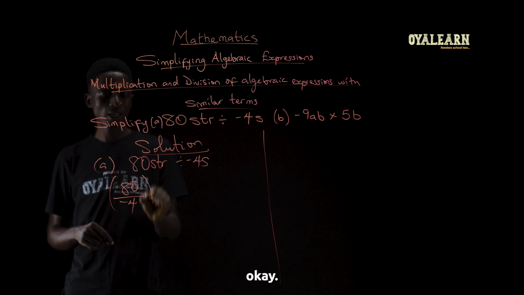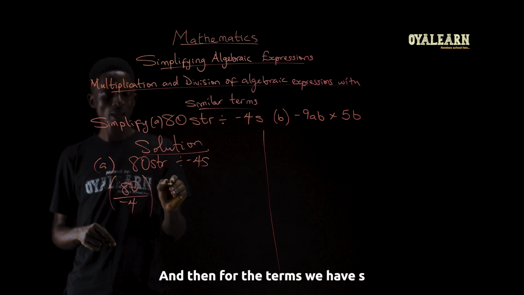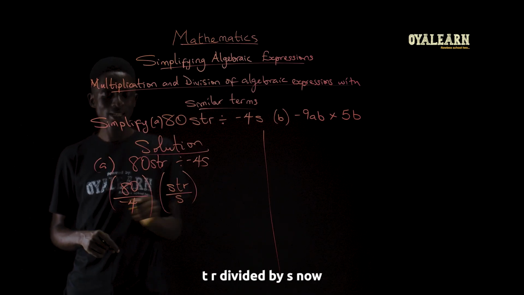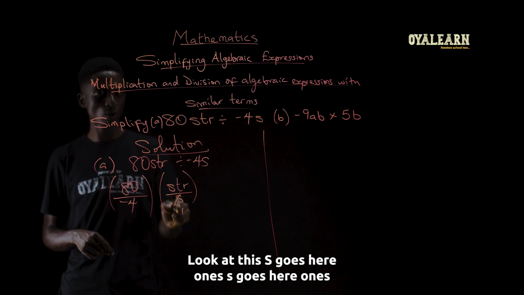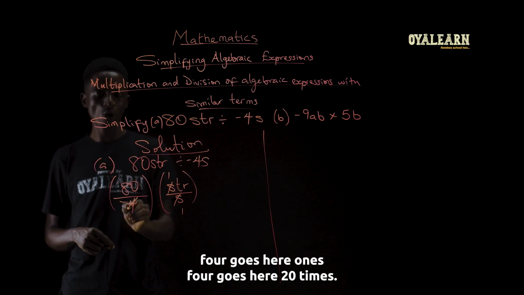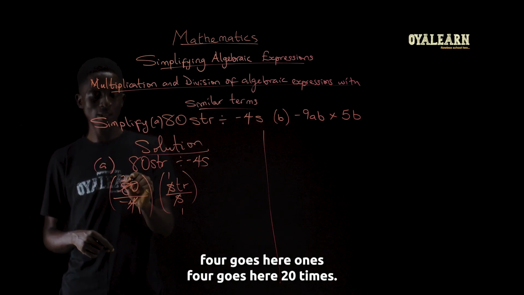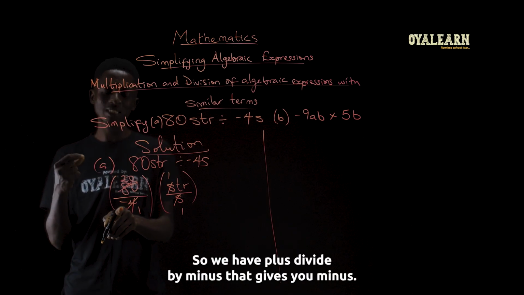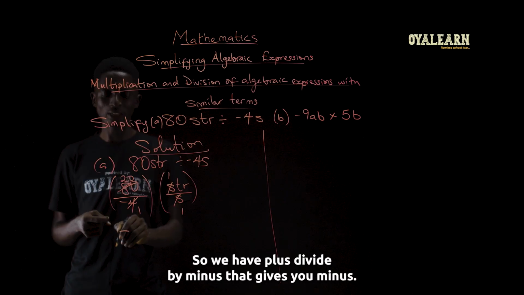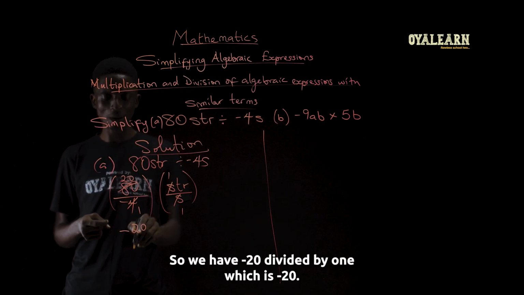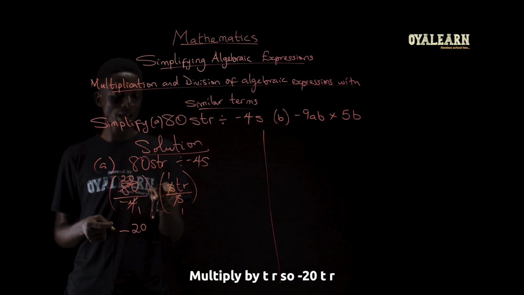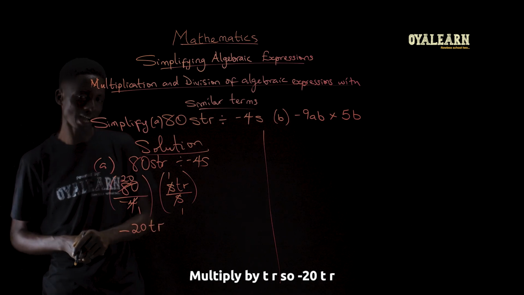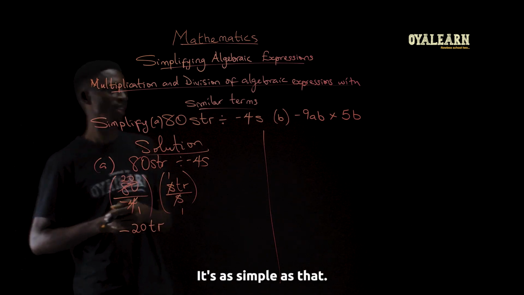And then for the terms, we have STR divided by S. Now take a look at this. S goes here once, S goes here once, 4 goes here once, 4 goes here 20 times. And this is positive, this is negative. So what happens when you have plus divided by minus? That gives you minus. So we have minus 20 divided by 1, which is minus 20, multiplied by TR, so negative 20TR. It's as simple as that.